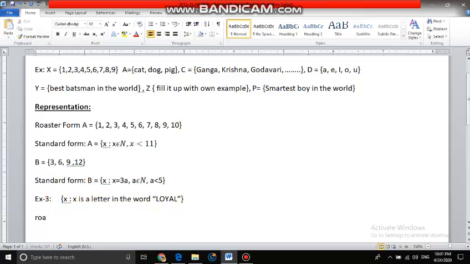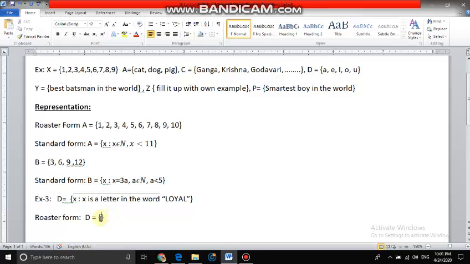Now if I want to write the roster form, let me take this as some set D equals. Now what is the set D? Here it is saying x such that x is a letter in the word loyal.